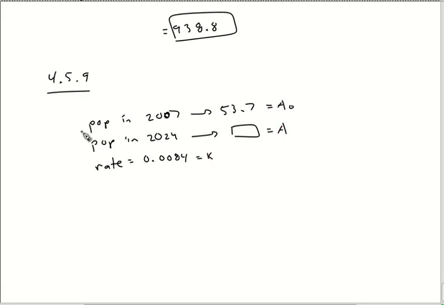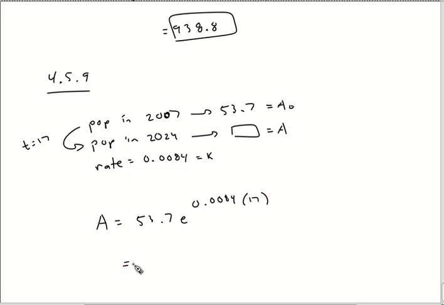How much time has elapsed? Look, right there. 17, right, 17. Let's put it all together. A is equal to 53.7 e to the 0.0084 times 17.